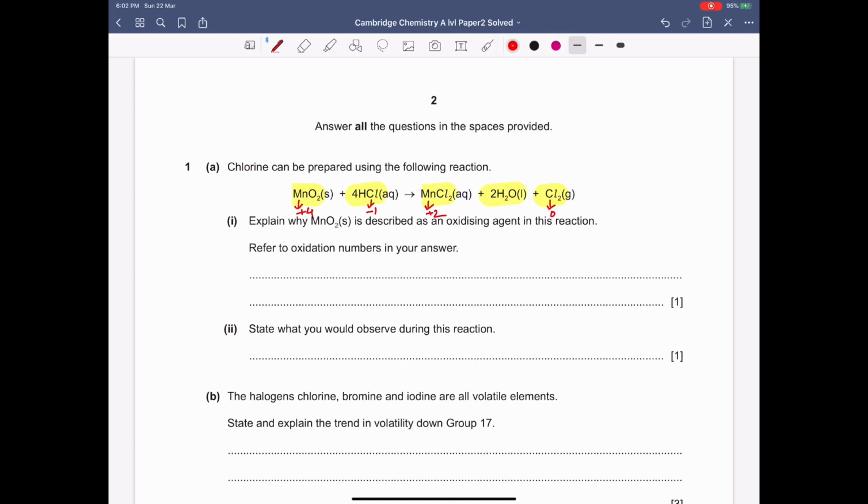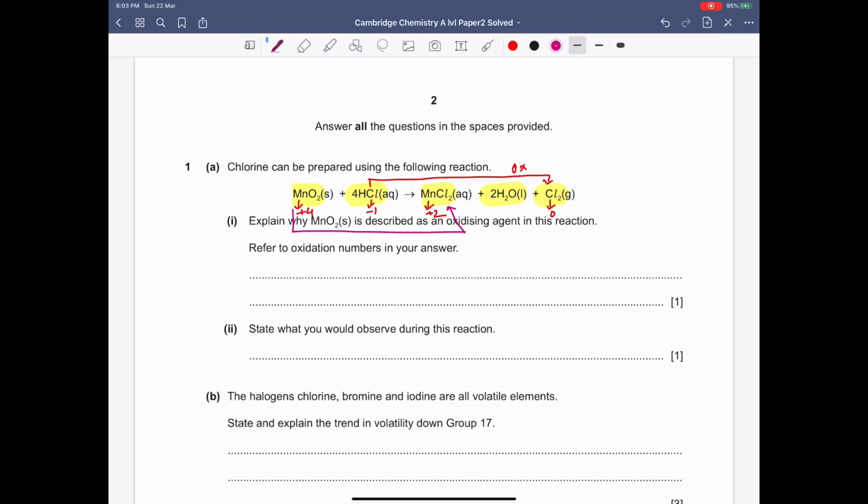0. So from -1 to 0, chlorine has been oxidized, and from +4 to +2, manganese has been reduced.